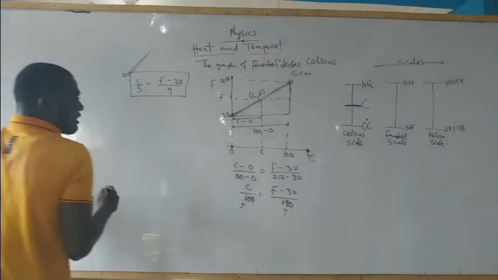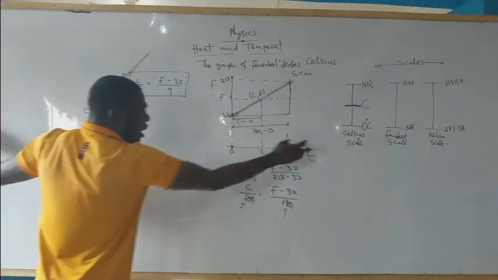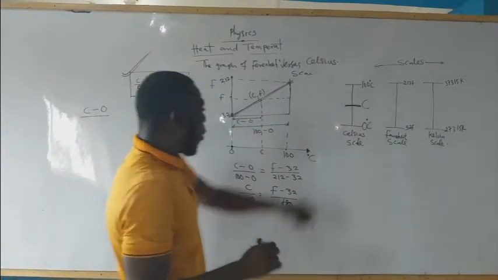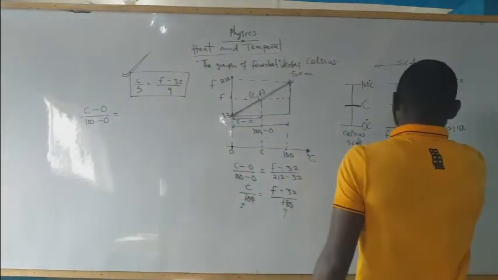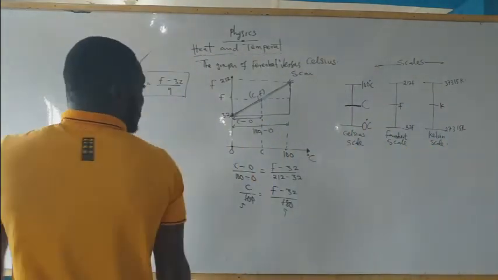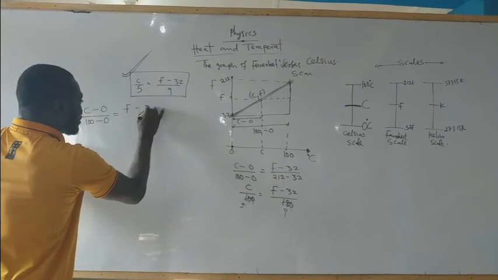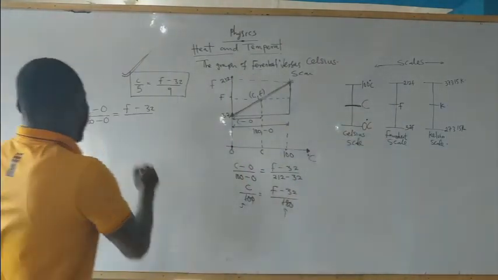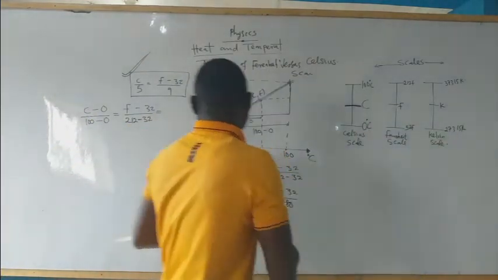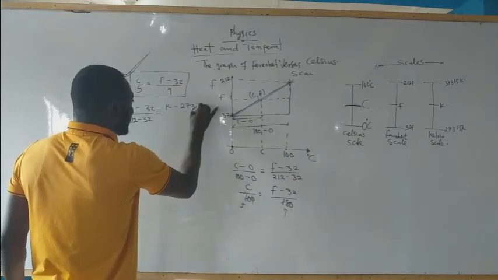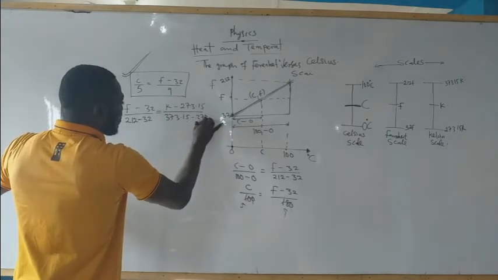So from here now, we can deduce that C, the midpoint temperature, minus the lower fixed point, that's 0, over the upper fixed point, that is 100, minus the lower fixed point, that's 0, equals to, we can call this F, and we also call this K. F is F minus the mid reading, minus 32, upon 212 minus 32, equals to K minus 273.15 upon 373.15 minus 273.15.